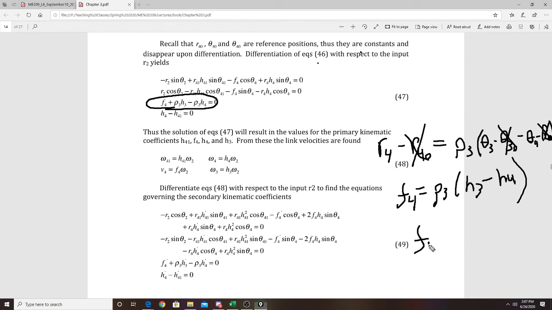And then it'd be F4 prime is equal to rho 3 H3 prime minus H4 prime. You guys see? So basically, when you get additional equations, you have to take the derivatives of those as well. Along with the scalar equations, you have to take double derivatives of those as well.